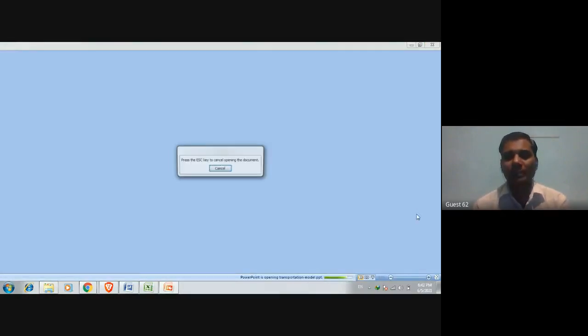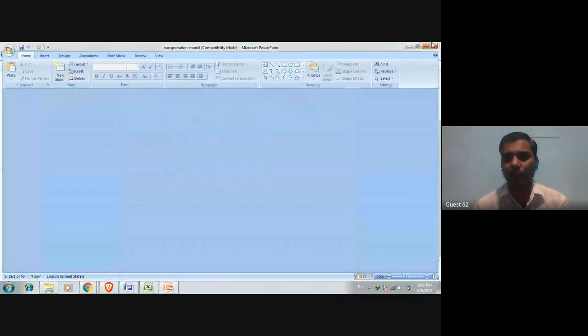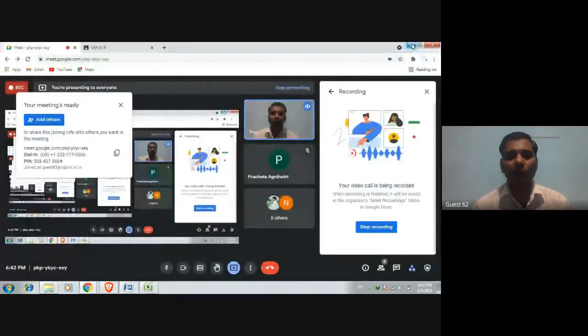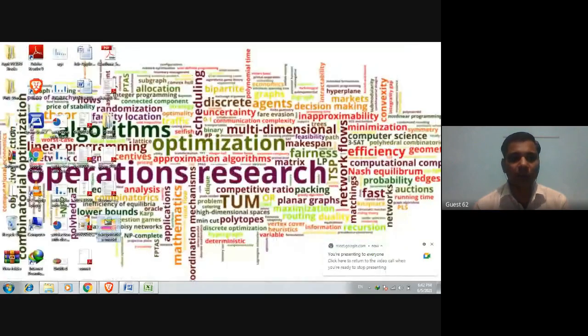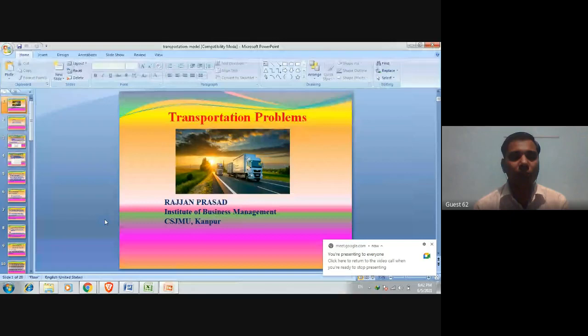What was the first step? The first step is related to the top left corner. In the top left corner, you have to allocate as much as possible, the minimum between the capacity and requirement.